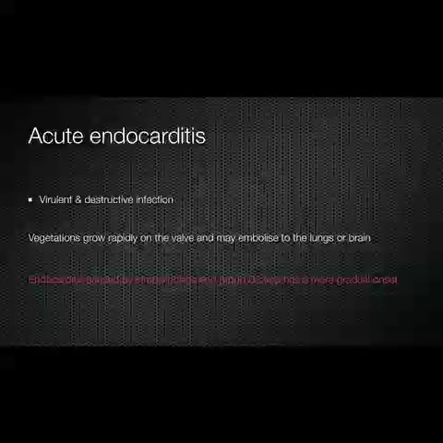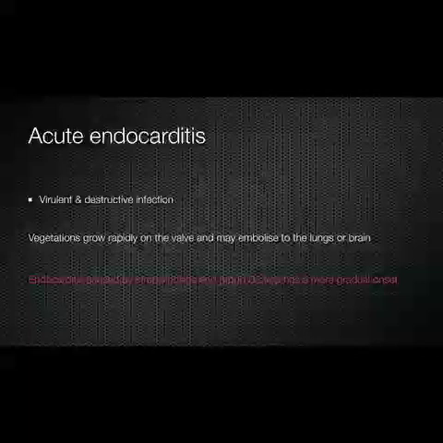Most patients who develop acute endocarditis tend to develop it on the background of valve dysfunction. When this happens, it's usually caused by streptococcus that gains access through a trivial wound or a dental procedure, and then colonizes the valve. However, some people have no history of valvular disease and develop acute endocarditis.